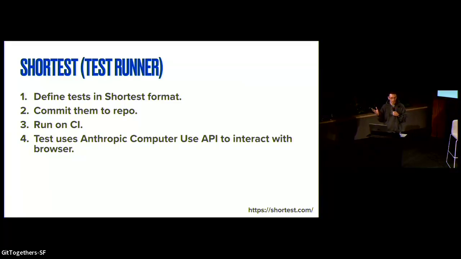If you're not familiar with computer use, the way it works is that we're taking a screenshot of the browser, we're sending it to Anthropic and saying, how do we do something? And then Anthropic would say, move the cursor 10 pixels left, 5 pixels down, and then press the left mouse button or something. And basically you do that in a cycle.